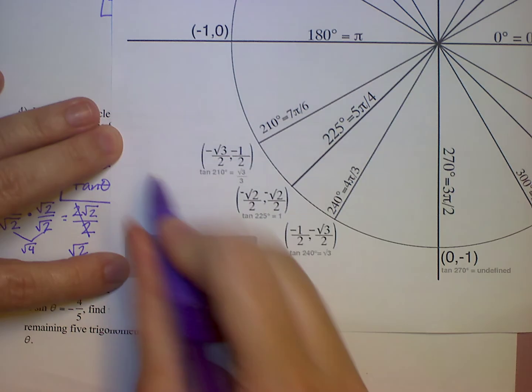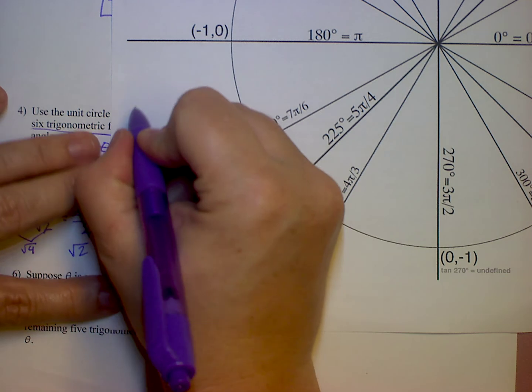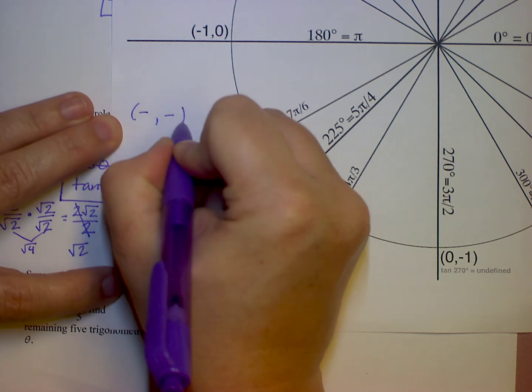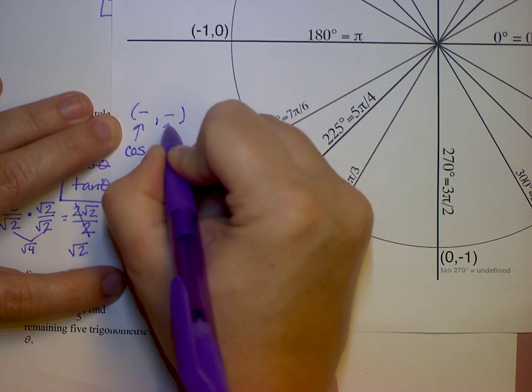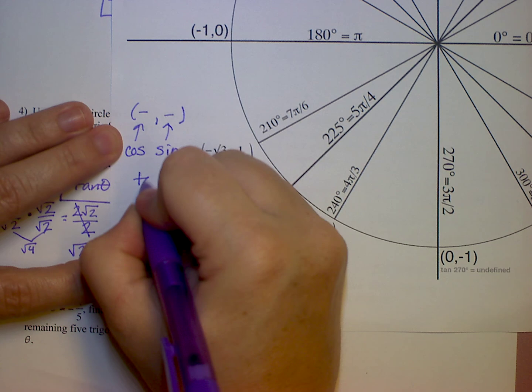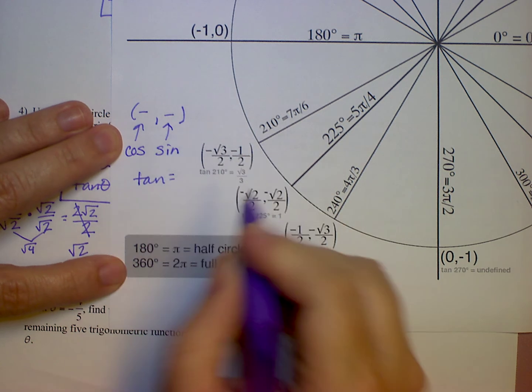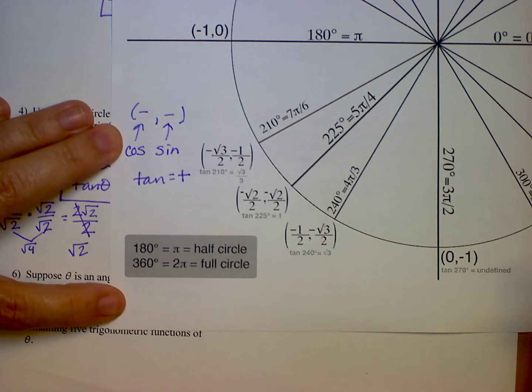What about quadrant 3? All of these points are a negative, comma, negative. So that means cosine is negative, sine is negative. What about tangent? A negative over a negative makes a positive.